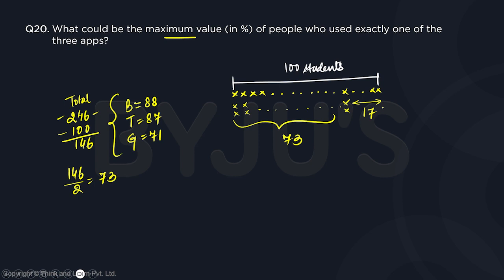So this is how we distribute it. But since 73 is greater than 71, this is not possible. So for this, what we will have to do is we will change this 73 to 71. So we will minimize it.